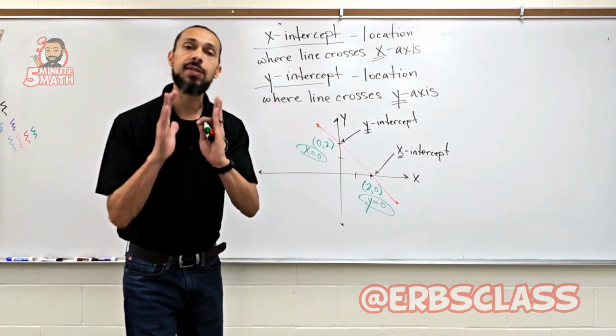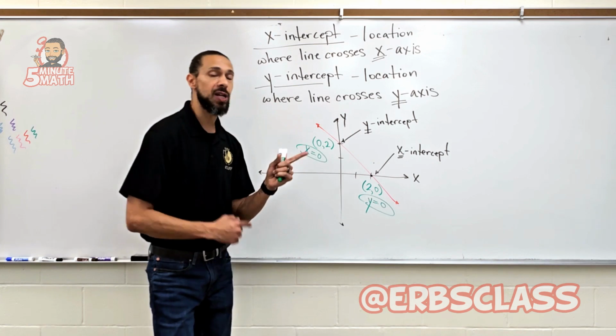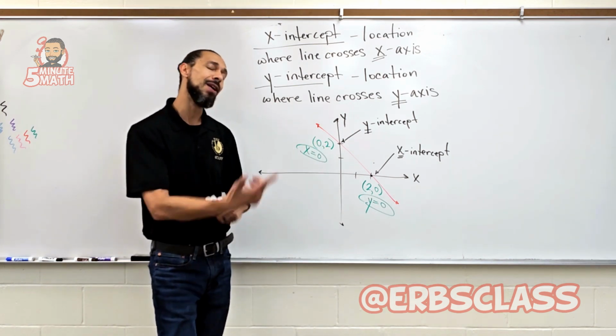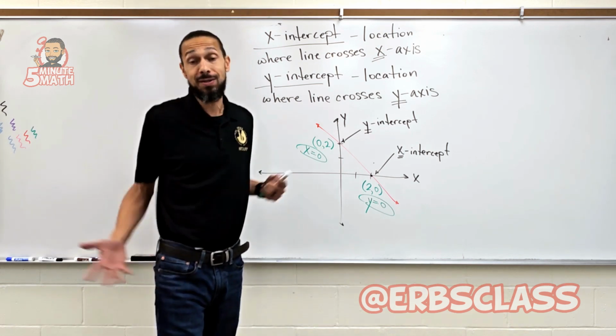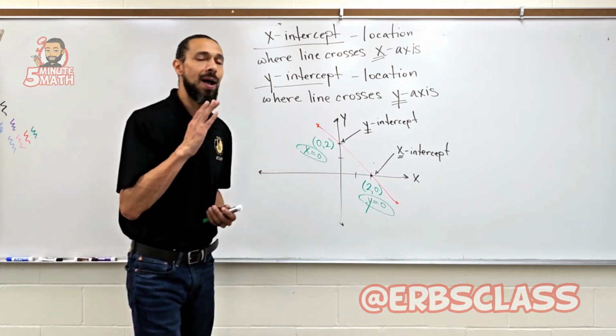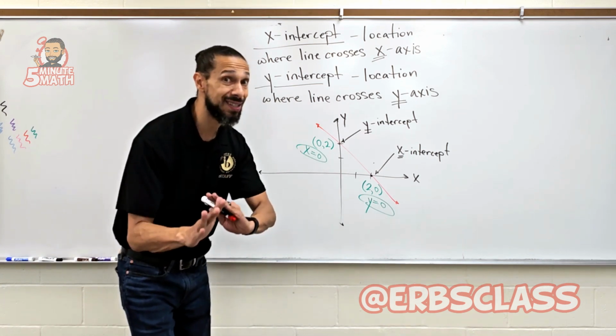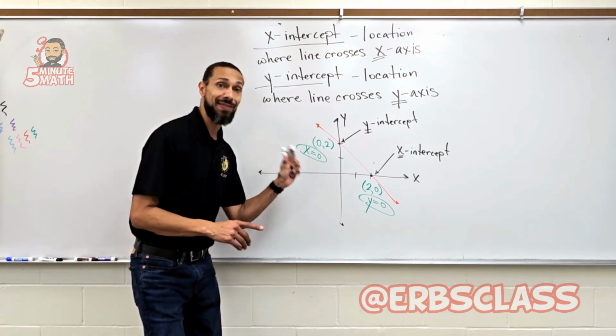To summarize, the x-intercept is where our line crosses the x-axis, and likewise, the y-intercept is where my line crosses the y-axis. But more important, and probably the most important part of this whole lesson, are the values at that intercept.